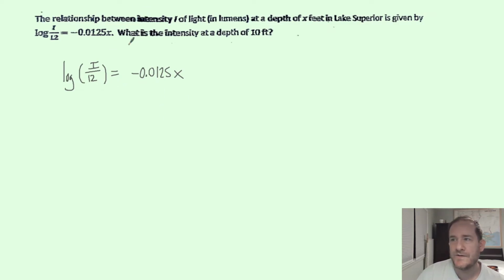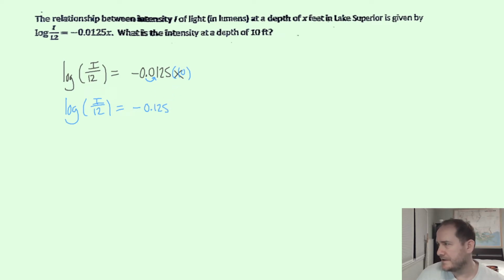That's it. So they just want to know, what is the intensity at a depth of 10 feet? Well, x is the depth. So they're essentially just giving you the value of x and challenging you to solve for I when I is stuck inside of a log expression. So fine, I can do that. This will be log. By the way, log with no printed base is log base 10, called a common log. I over 12 equals, if I let x be 10, then I'm just moving the decimal point over once. So this becomes negative 0.125.